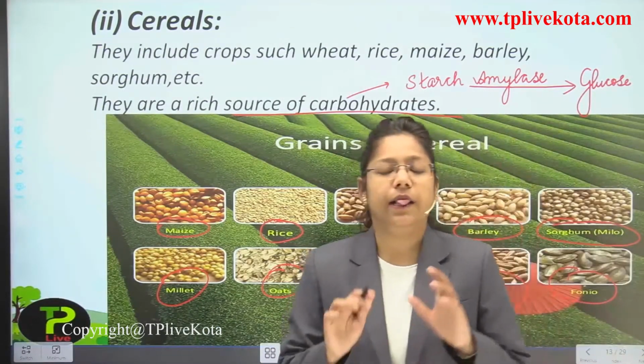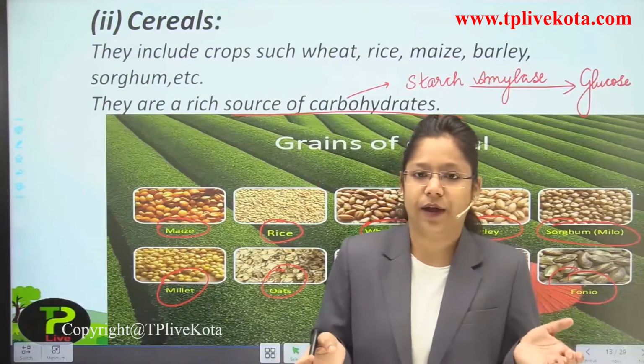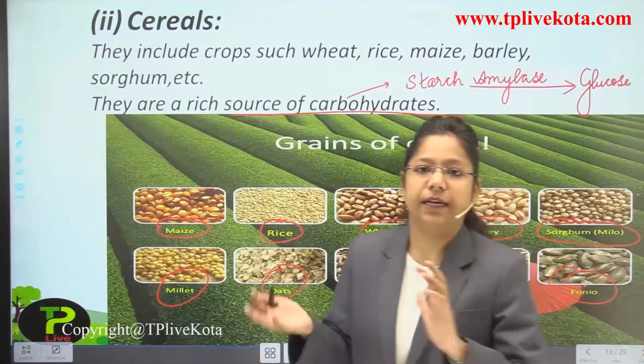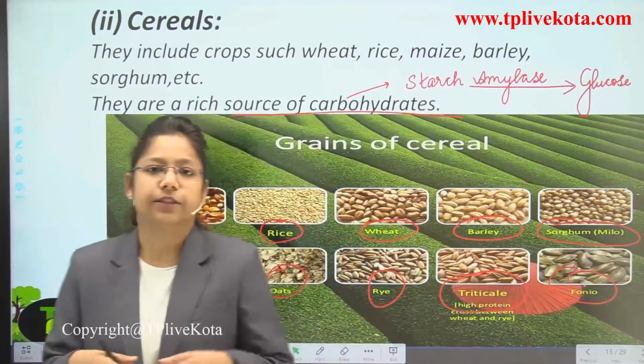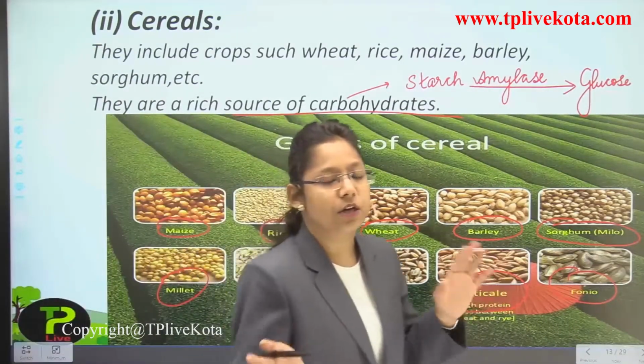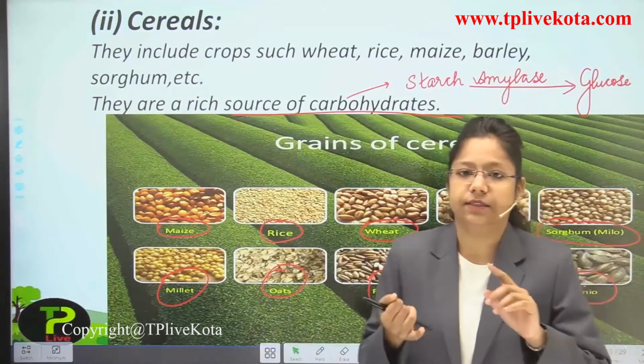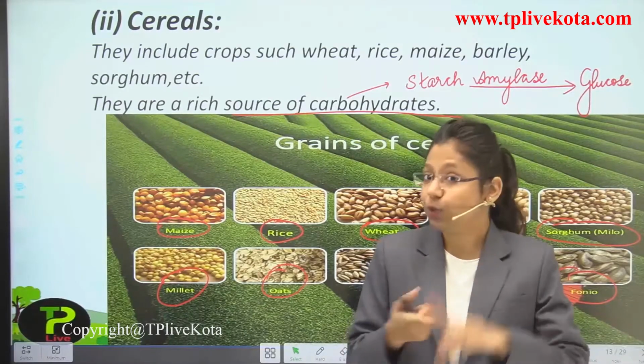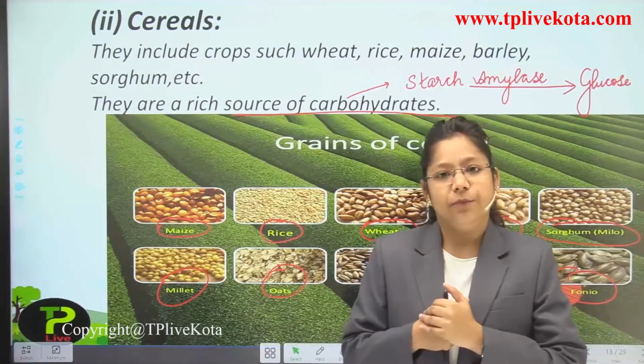These are all examples of cereals. You have to learn them. You should learn five of them in this class itself. So what are cereals? The crop parts are known as cereals, that is the wheat, maize, rice, barley, sorghum. Five I have made you learn.